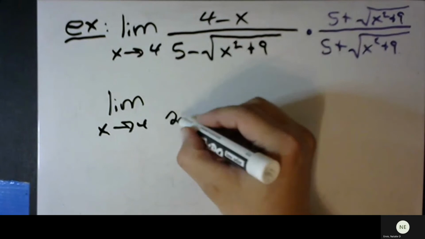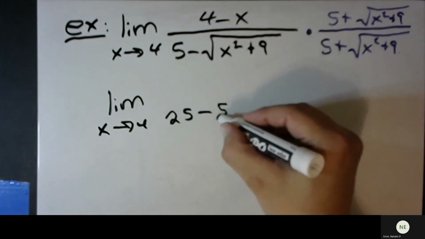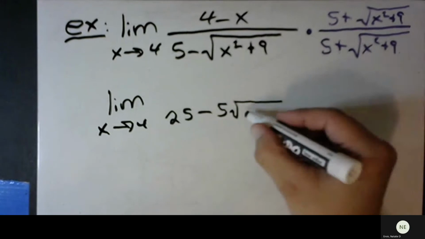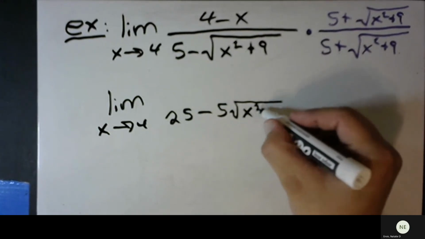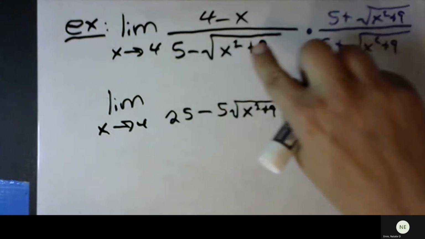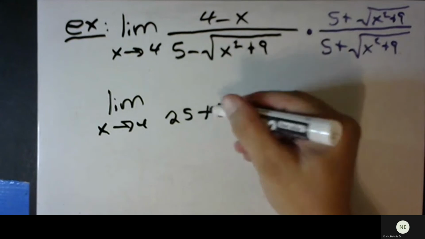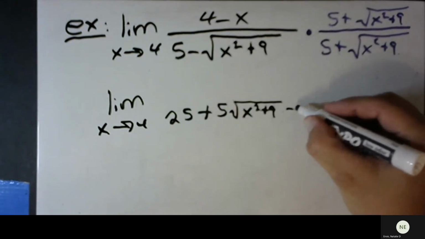We'll get 25 minus 5 square root x squared plus 9. And then this and this will be, let's see here. Oh, this is a positive. The inner one will be a negative.